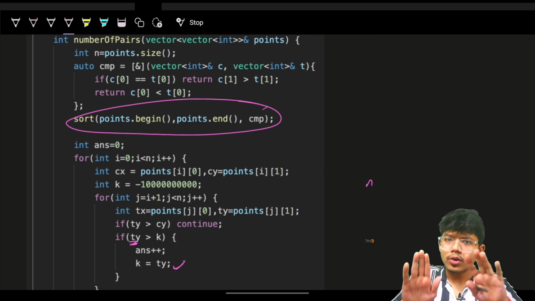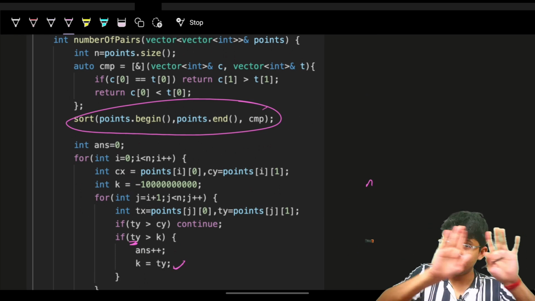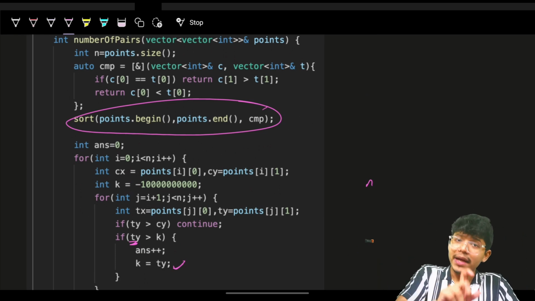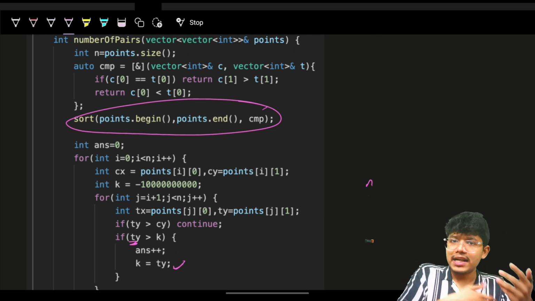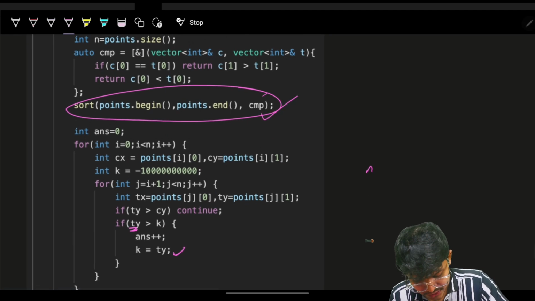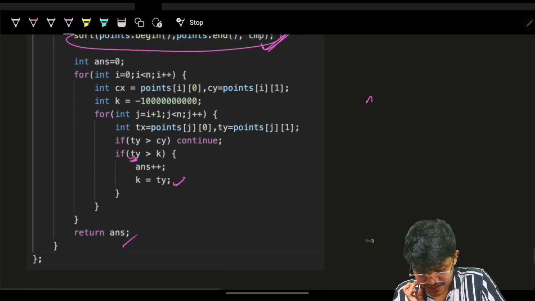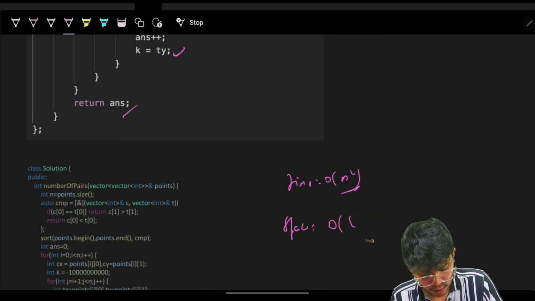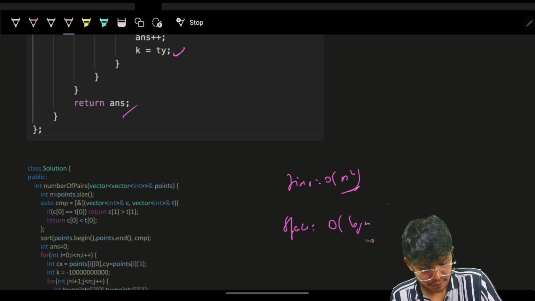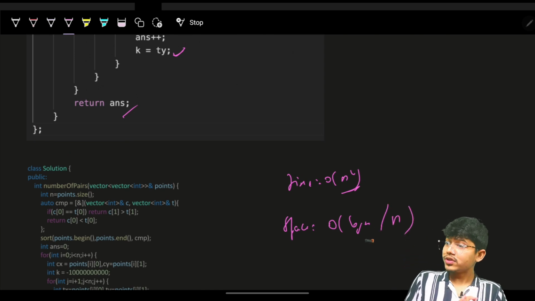Time is O of n log n for the sorting in all languages, but space in C++ and Java is log n, while in Python it is O of n. Rest other things will not take any other space. Cool. So your space will be nothing but O of log n, or it can be O of n, depending on the language.